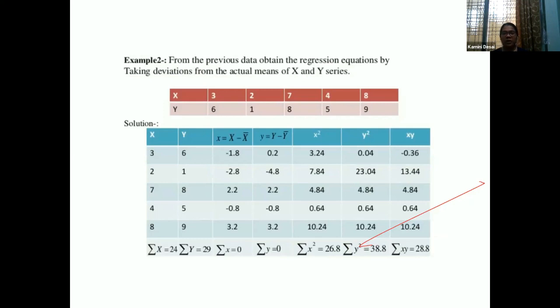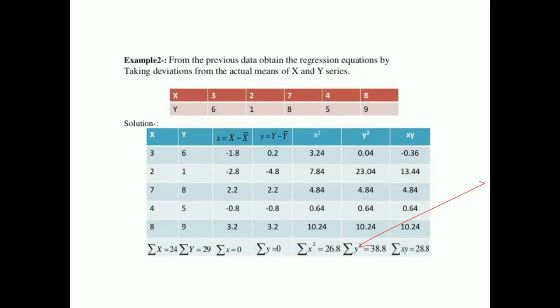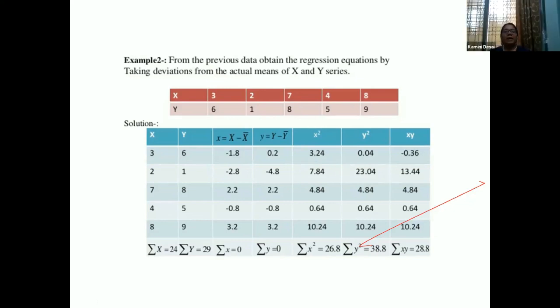There is 3, 2, 7, 4, 8. Anybody? Why is this value minus 1.8? Ma'am, 4.8. Okay. How are you calculating? Ma'am, adding the whole x divided by 5. Okay, great. So you get the value of minus 1.8, 3 minus 4.8. Anybody? How to calculate x bar?